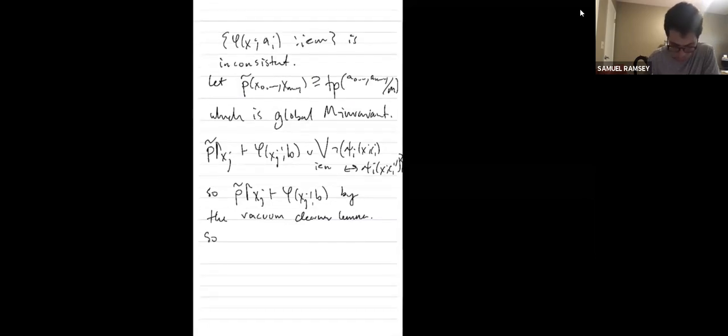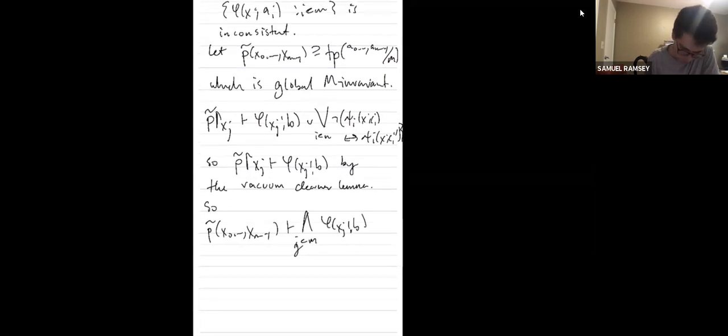So since that was true for all j, we have that p tilde x0 through xm minus 1 implies, well, let me say it this way, it implies the conjunction over all j less than m of phi xj b.